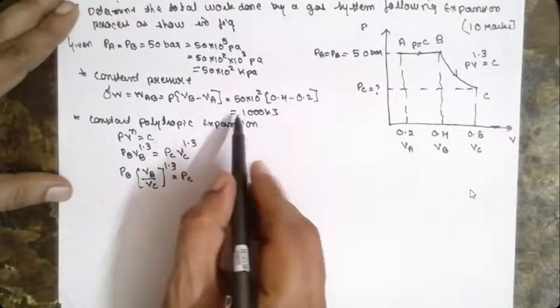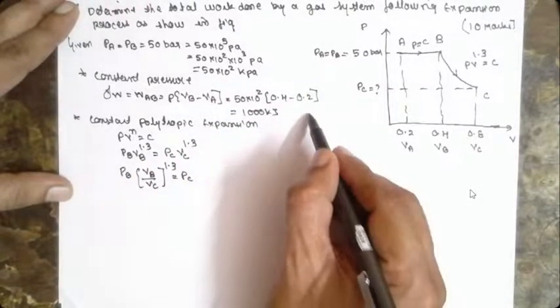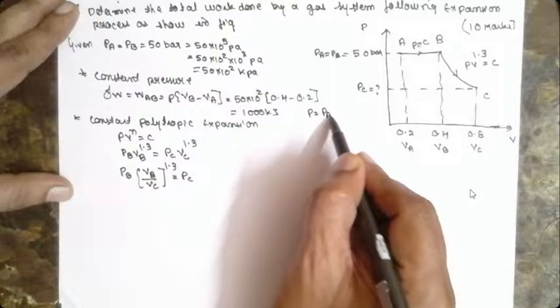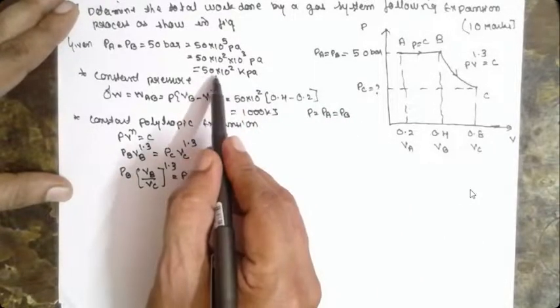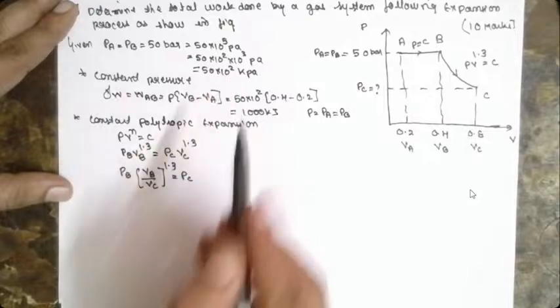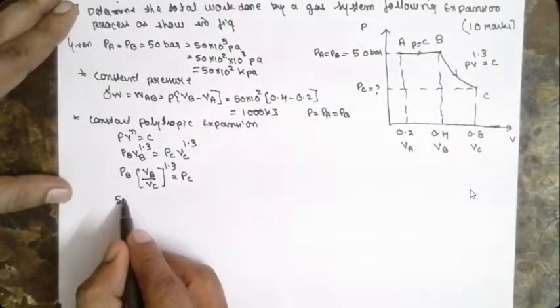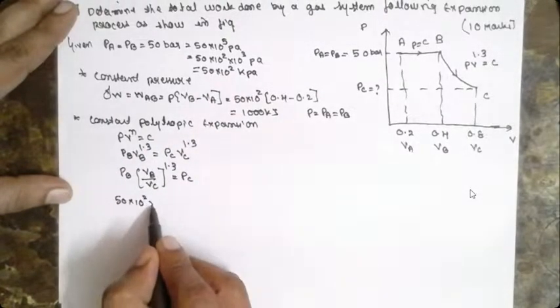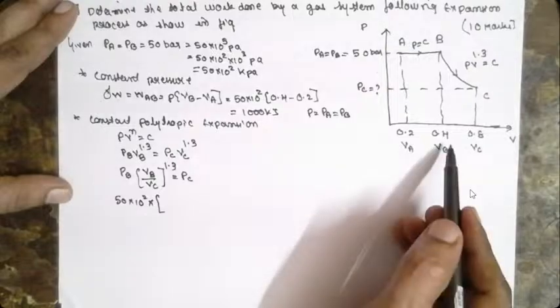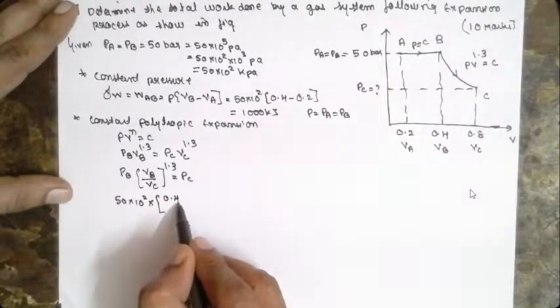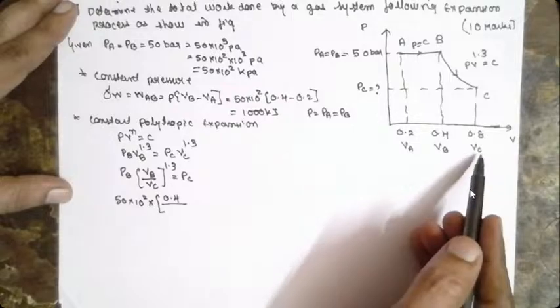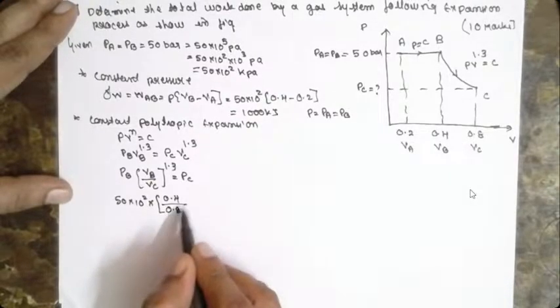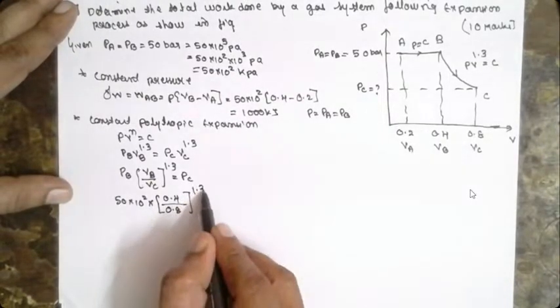PB value is... PA is equal to PB. PB is nothing but 50 into 10 raised to 2. PC is 50 into 10 raised to 2 into VB value 0.4 divided by VC value 0.8, raised to 1.3.